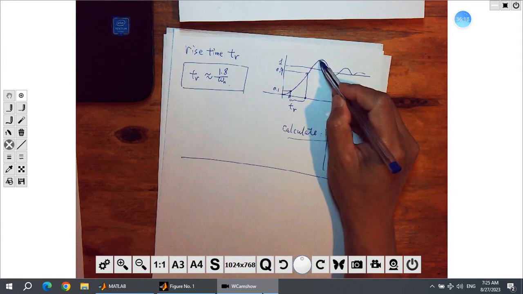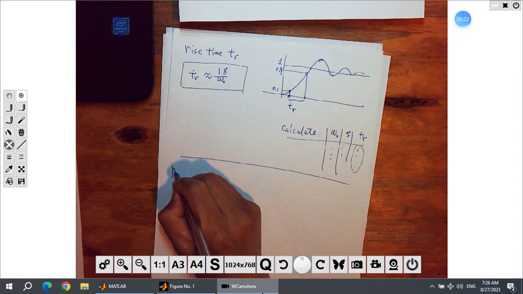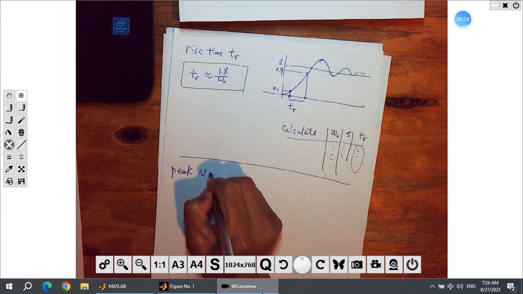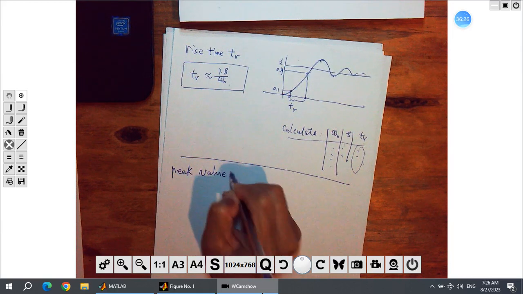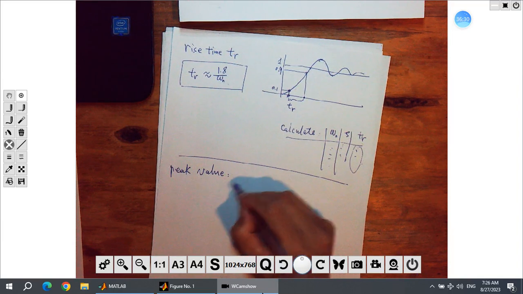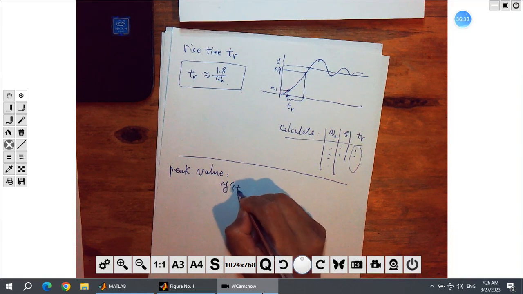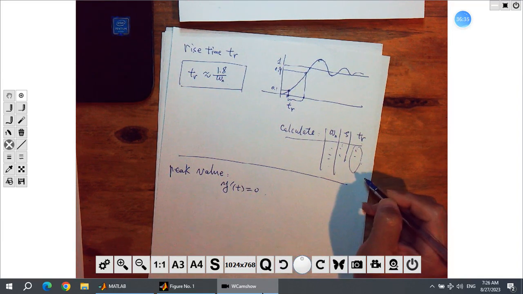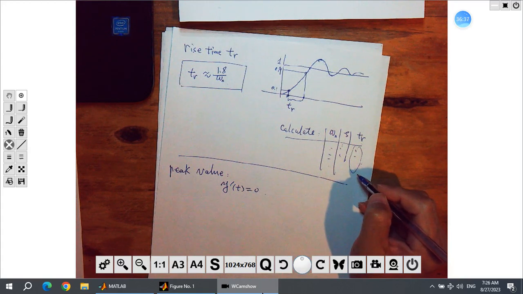So this peak value is very important. What is this peak value? To find the peak value, we need to solve y prime of t equal to 0.